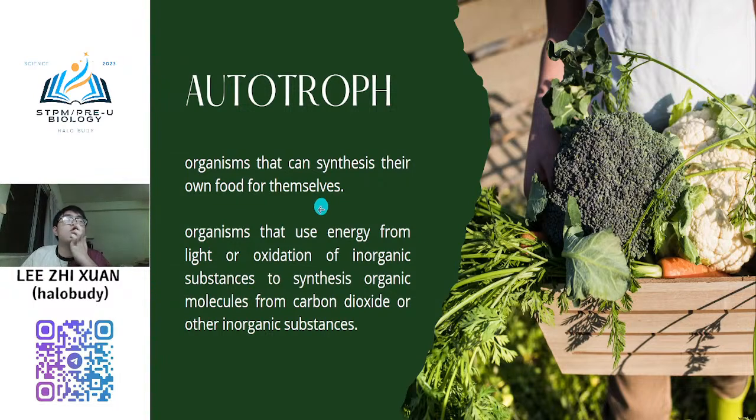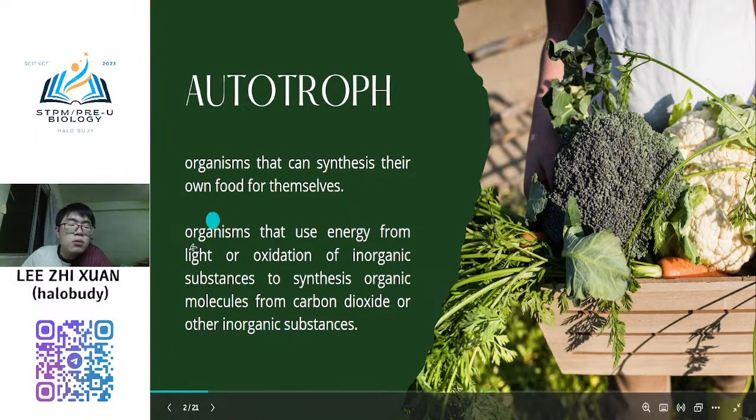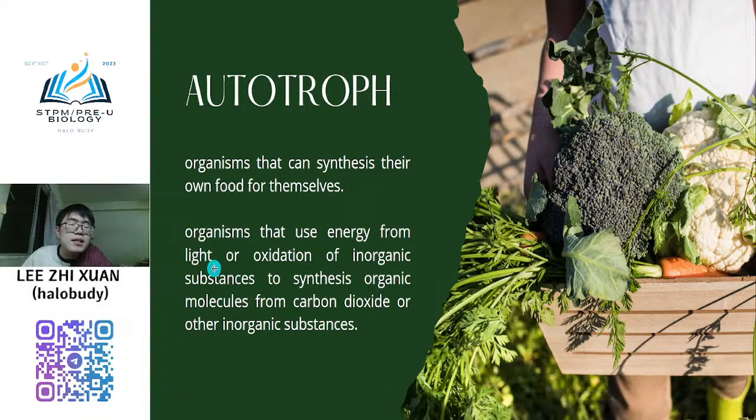But this autotroph normally can use the light energy. It uses the light energy or the oxidation of inorganic substance to synthesize organic molecule from carbon dioxide or other inorganic substance. So meaning that the main key point is it uses light energy. Dia gunakan cahaya.